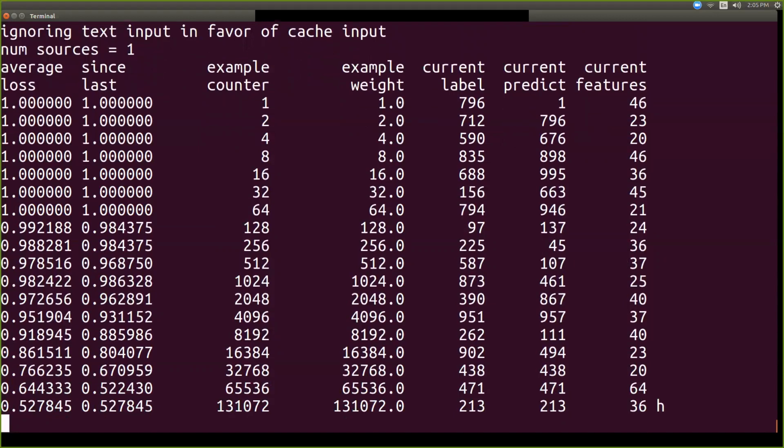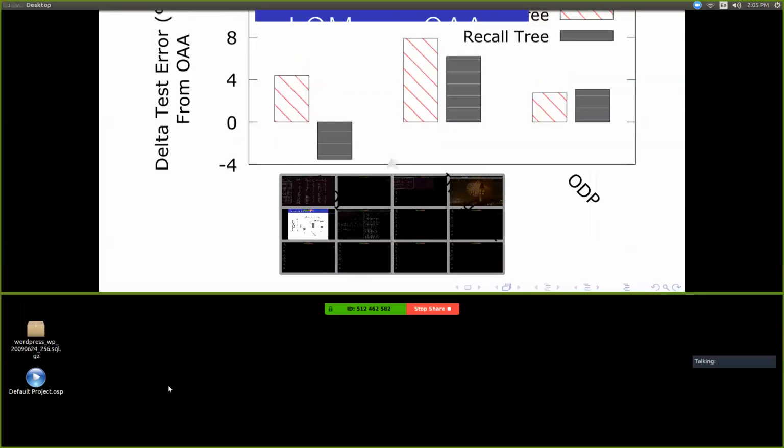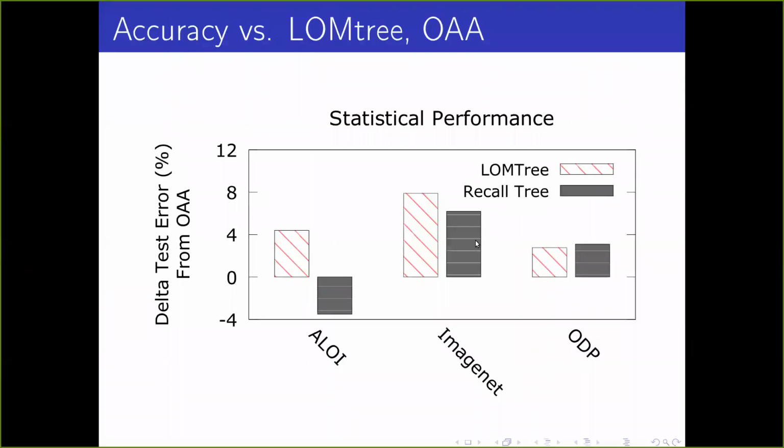But what am I trying to say here? I'm trying to say that for these larger data sets, where the state of your predictor starts to matter a lot, it's important that your algorithm doesn't use excessive state. And the LOM tree does use excessive state for the ODP results and the ImageNet results here. This is, by the way, on the ImageNet 22K data set.